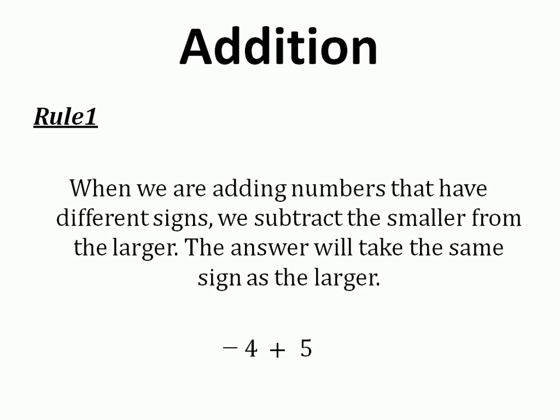So then, when we are adding numbers that have different signs, we are going to subtract the one that is smaller in value from the one that is larger in value, and the answer will have the same sign as the larger number. Here we have two numbers, a -4 and a +5.